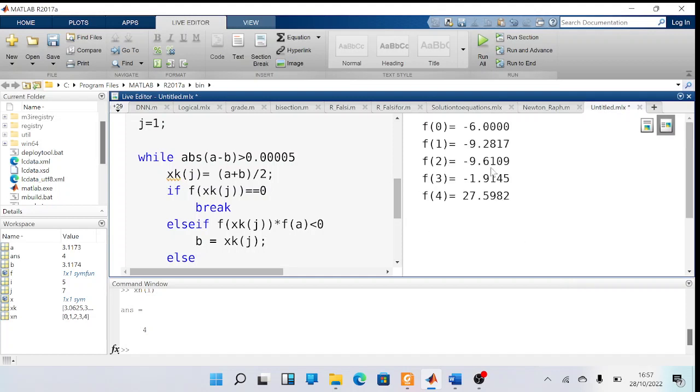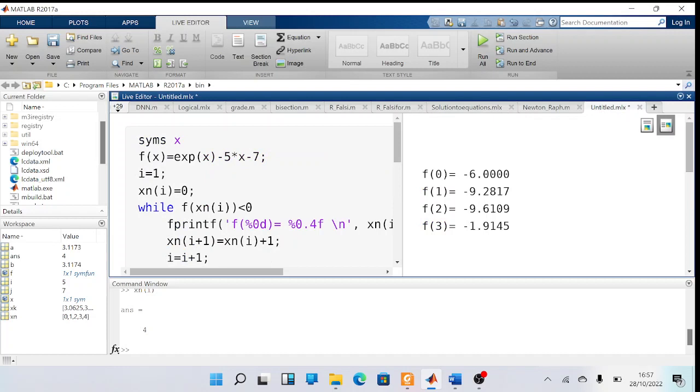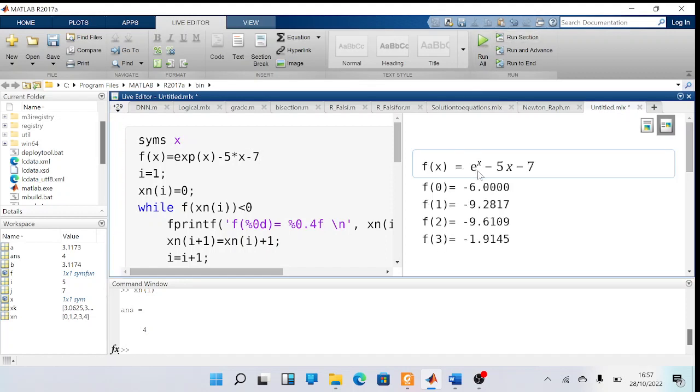So now this method can be applied even if we have a different equation. Suppose I write the function here. You see this function was e raised to power x minus 5x minus 7. Suppose I put this one as x squared.